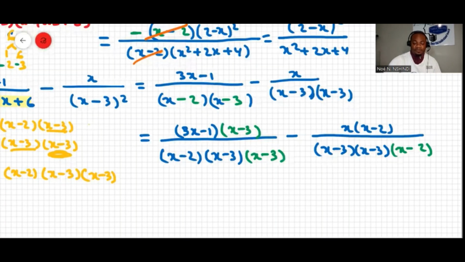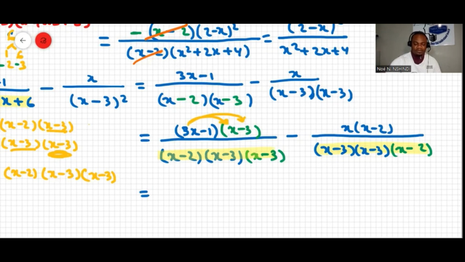Now that we have a common denominator, you notice that this part here is the same as that one. We can now combine like terms. That makes 3x times x, 3x times -3.